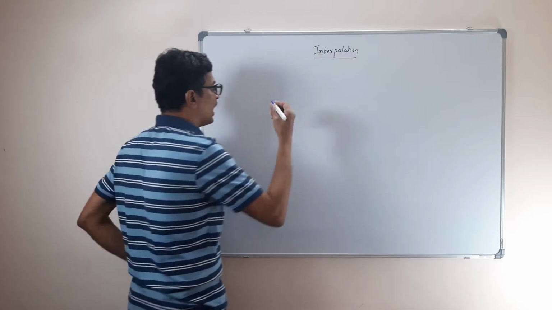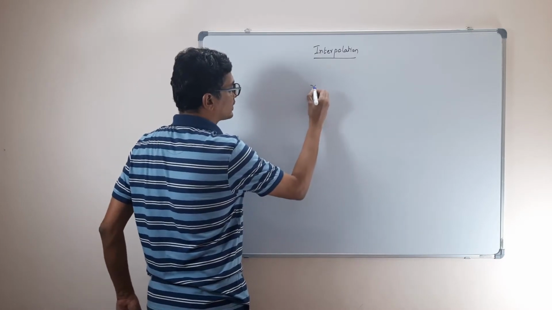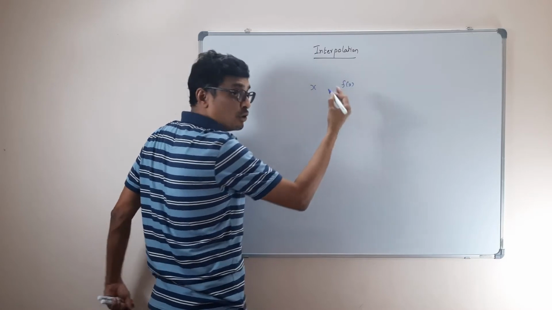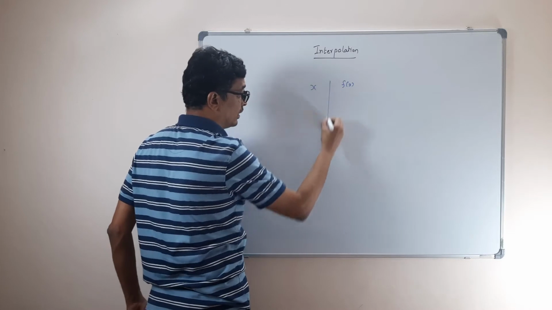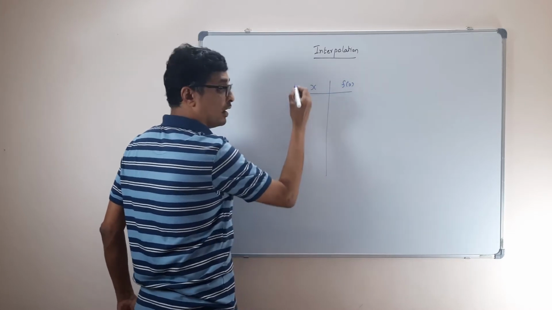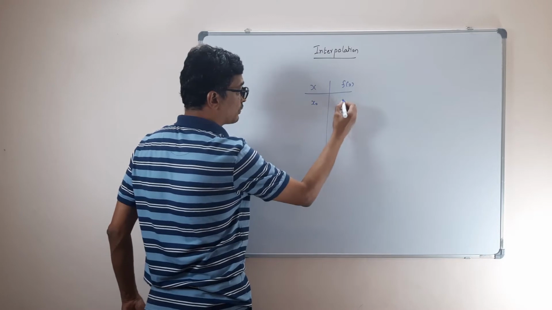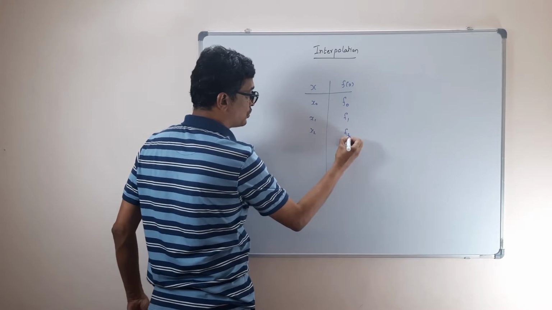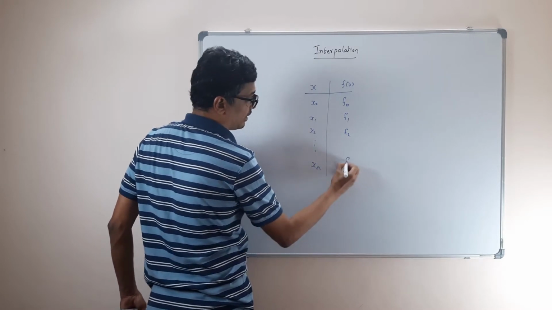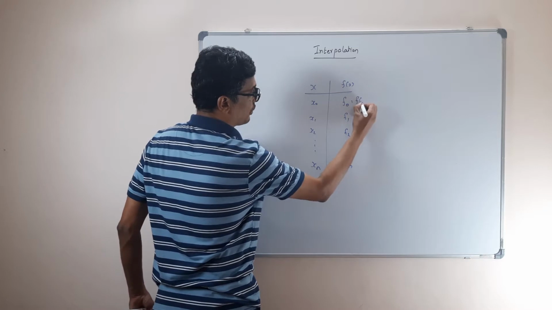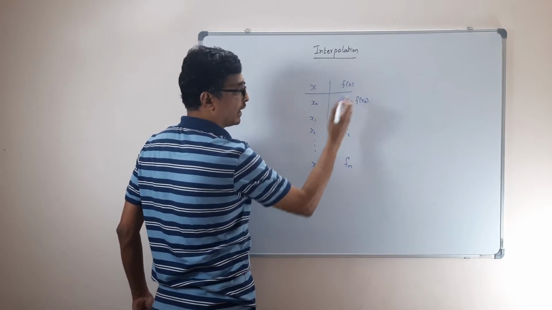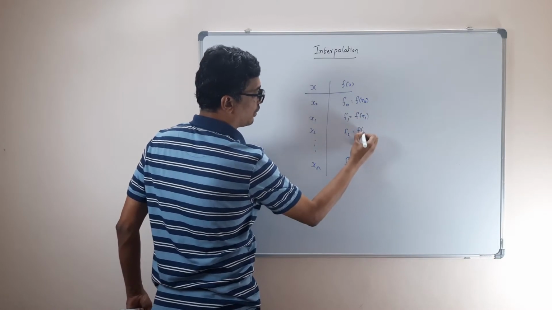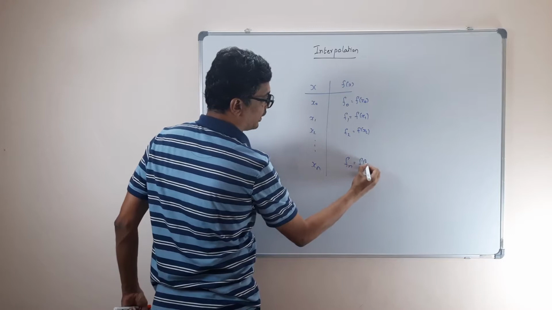In short, we have a variable x and the behavior of a system, which is f of x, an unknown function. I don't know what f of x is. Rather, what I know is that for x0 the function value is f0, for x1 it is f1, x2, f2, and so on up to xn, fn. That is, f of x0 is the behavior of the function at x equal to x0, and this is at x equal to x1, f of x2, f of xn.